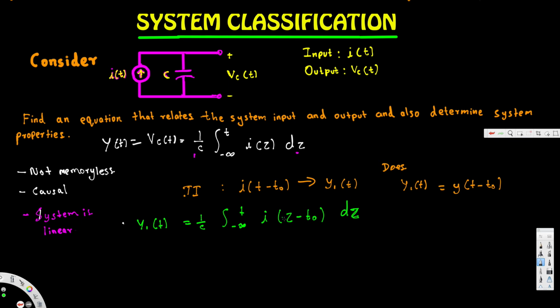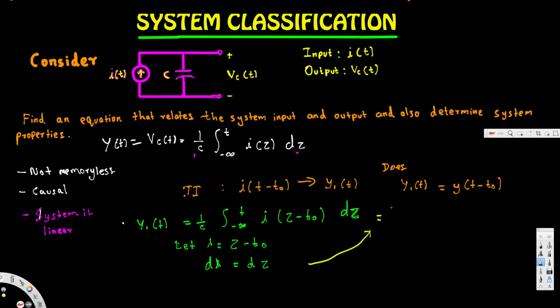Actually, here it's not very clear. To see this clearly, we can do a substitution. Let lambda equal tau minus t naught, so d lambda is d tau.